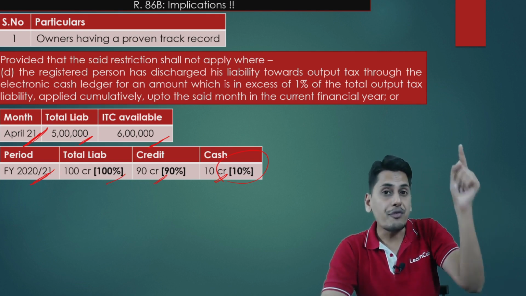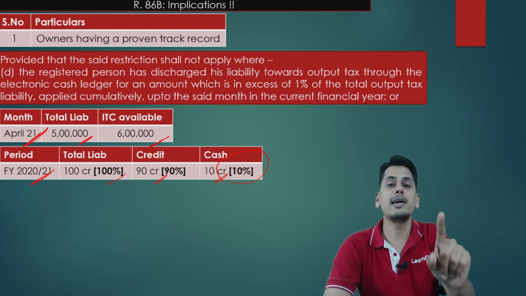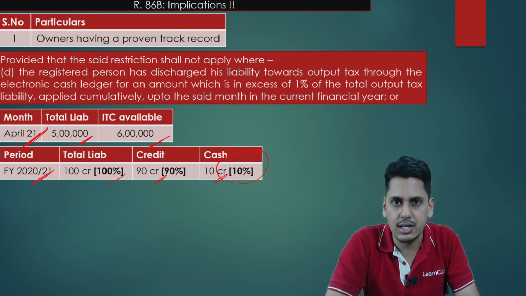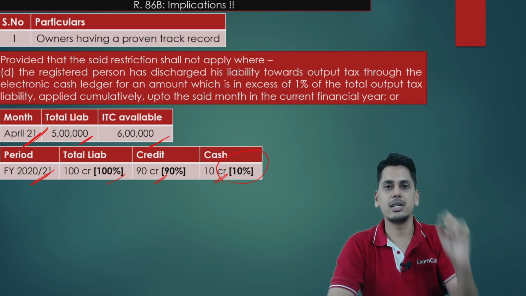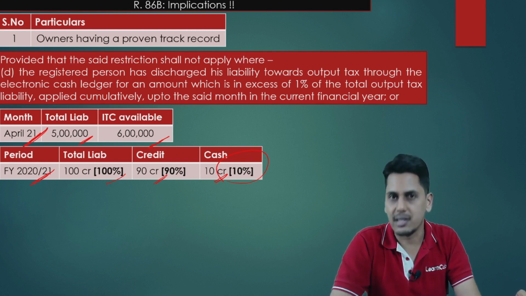So friends, so far whatever relaxations we have seen were based on the preceding years. But as far as this relaxation is concerned, it is only and only bothered about the current financial year. Current financial year cumulatively, if you satisfy, that is sufficient.